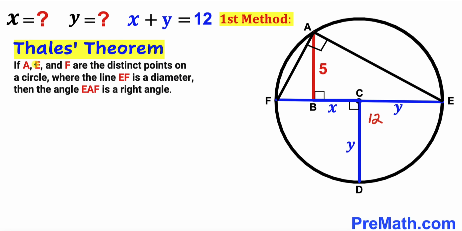According to this theorem, if A, E, and F are three distinct points on the same circle, and the line EF is a diameter, then the angle EAF is a right angle. In other words, it's a 90 degrees angle. So no wonder this angle EAF is our 90 degrees angle.